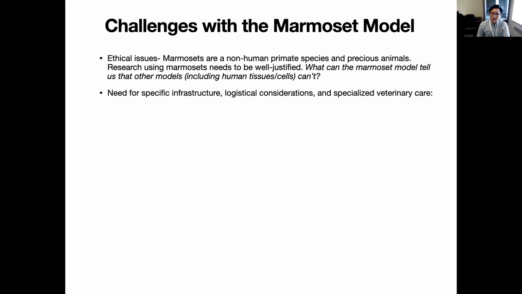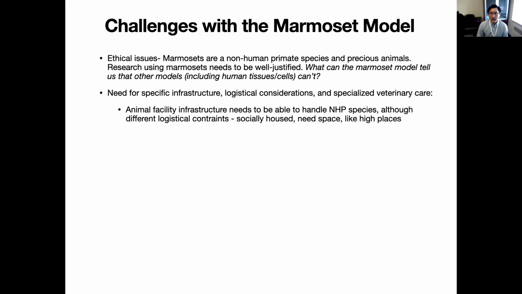Marmosets do require very specific infrastructure, logistical considerations, and also very specialized veterinary care. Animal facilities need to be able to handle non-human primate species. Marmosets are handled in similar ways to macaques and other species in terms of health monitoring and intervention points, so this needs to be taken into account.